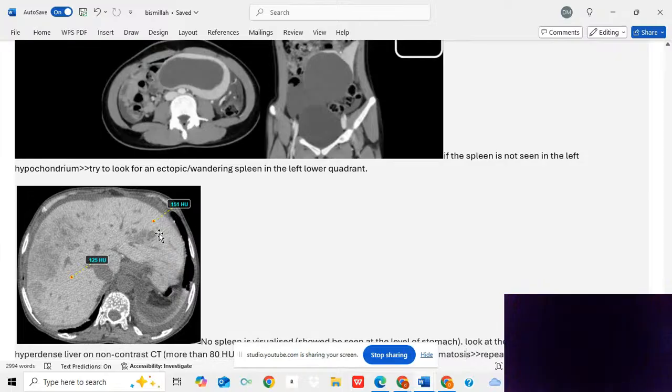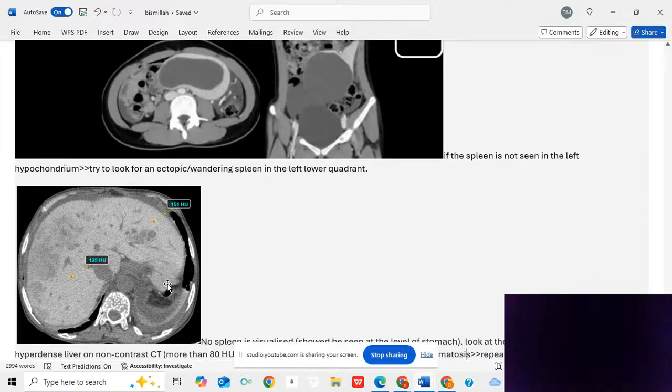What about if the liver density without contrast is over 100 Hounsfield unit? This is extremely hyperdense liver. This is not contrast. This is iron deposition, secondary hemochromatosis from repeated blood transfusion of thalassemia. This is a thalassemic patient.